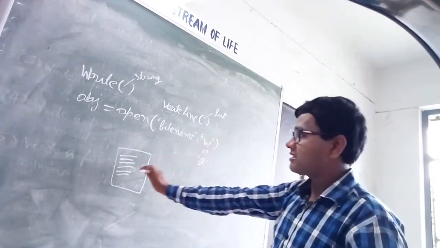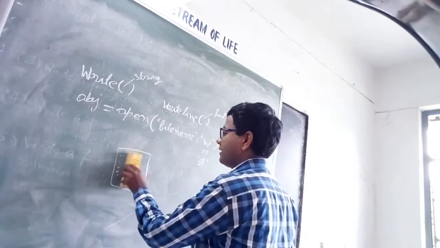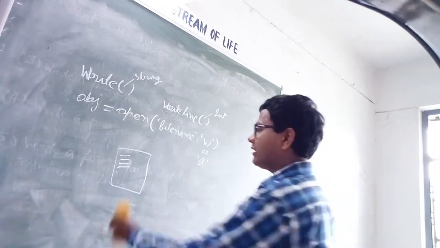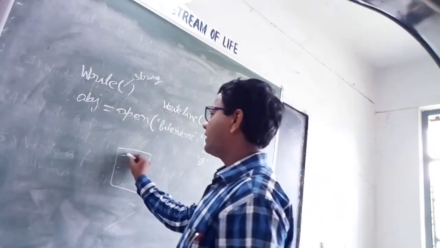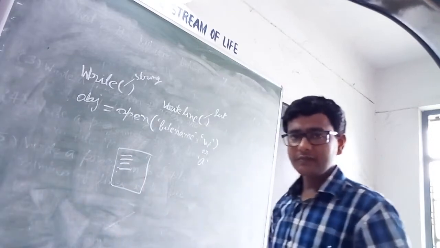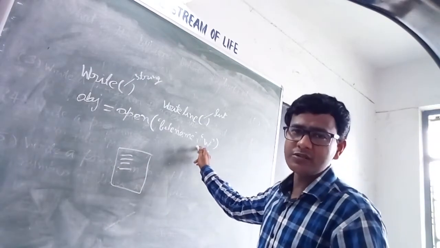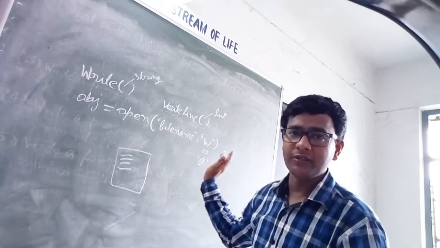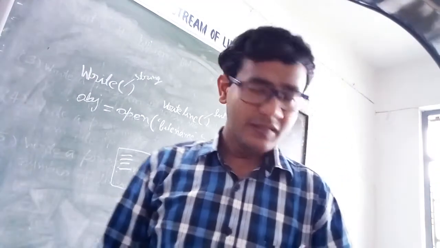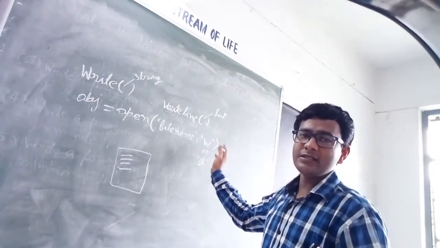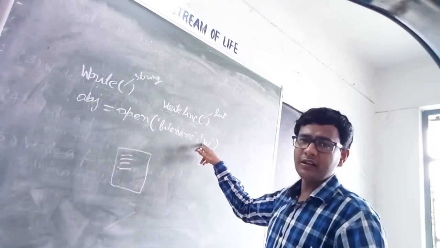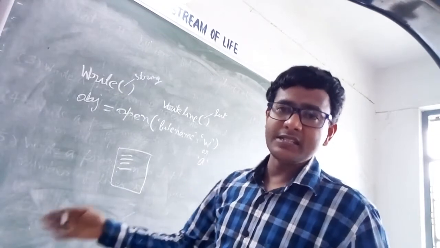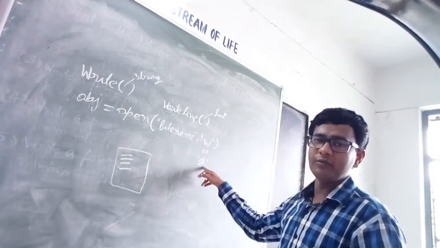And in write mode, the previous data is erased and only new data is present. Let's say previously we have these lines and we use write mode, then all the content is erased and new entries are made. Hence we have to use W write mode or A append mode very carefully. If we want a new entry and to erase the previous entry, then we use write mode. And if we want to add more entries to a previous file, then we use append mode.